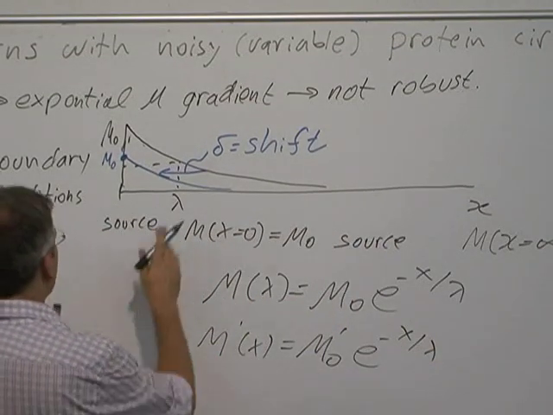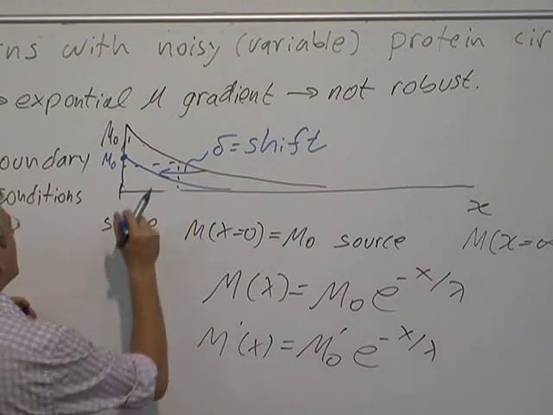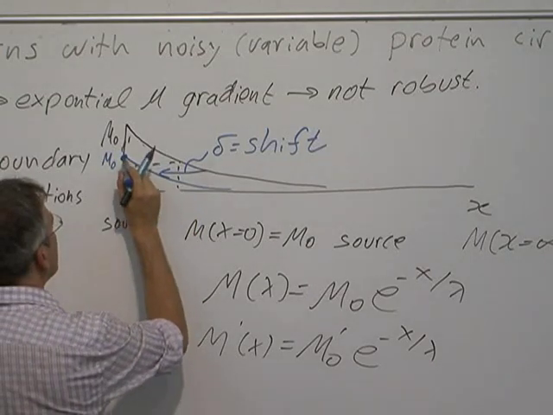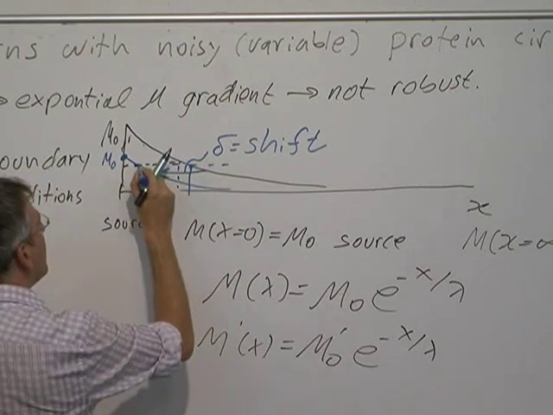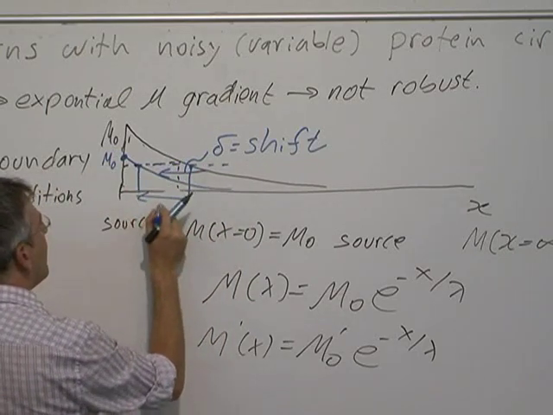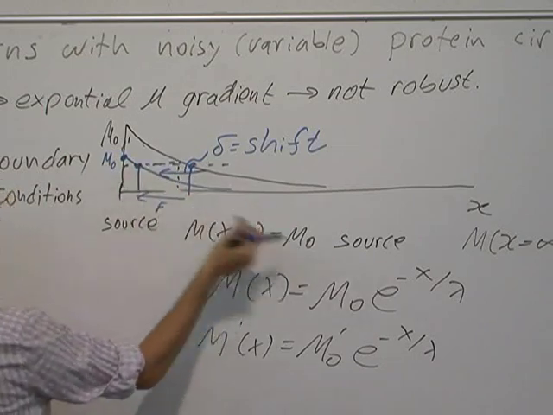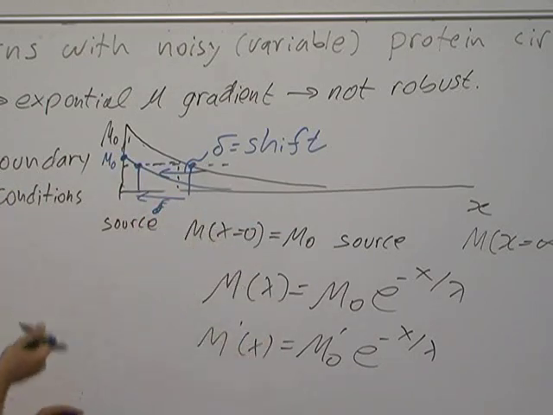So, if I had a threshold here, then the point where you cross this threshold shifts to the left by delta. So let's calculate it.